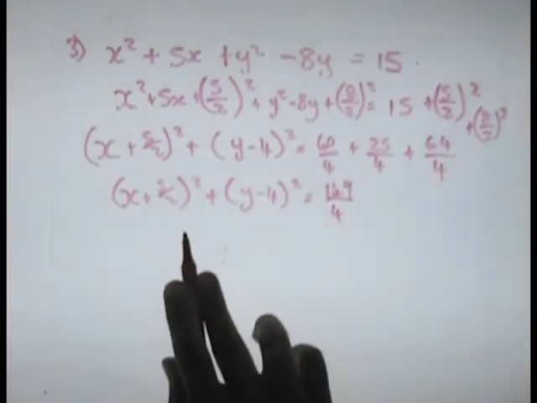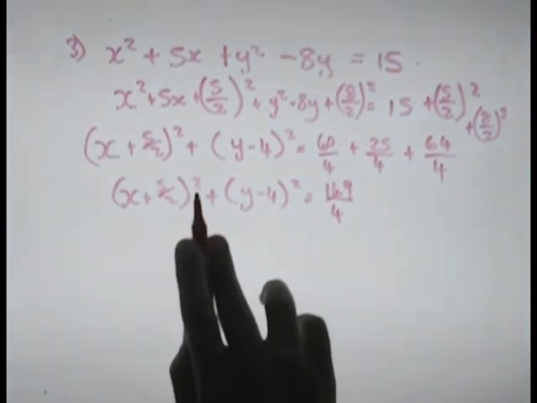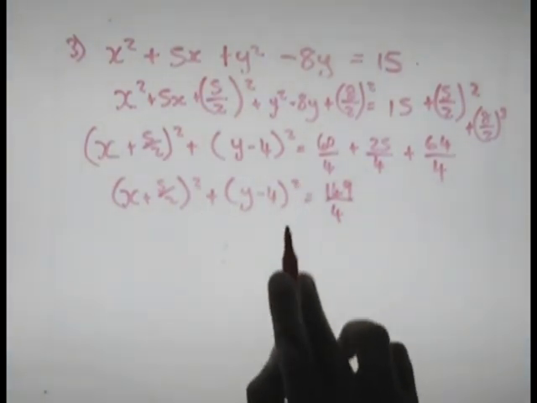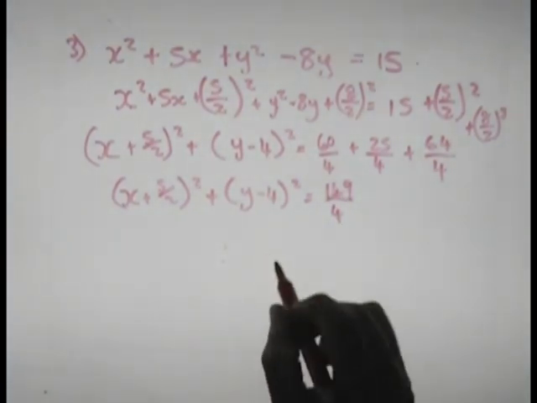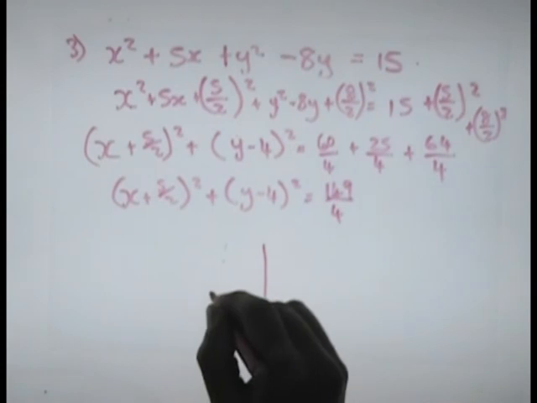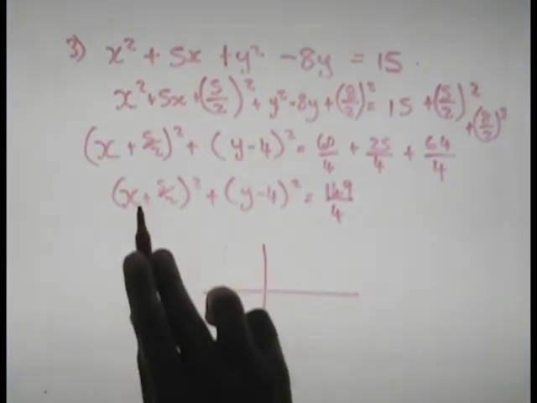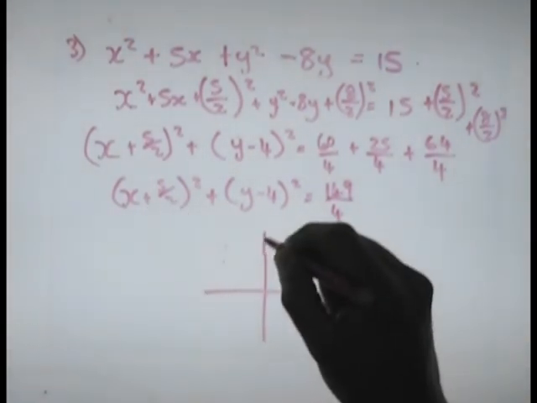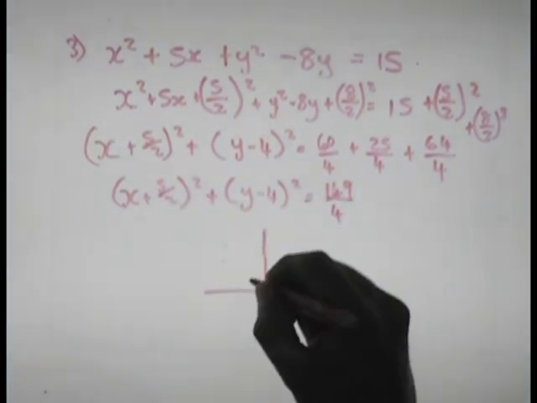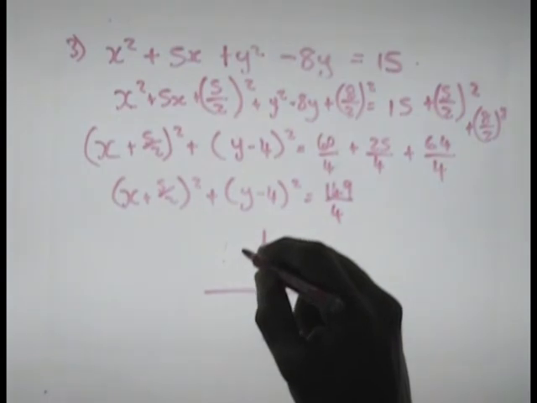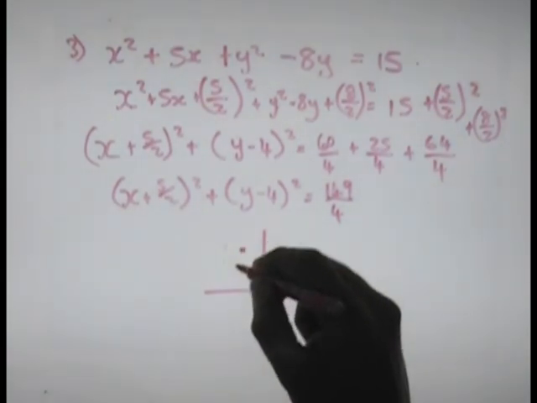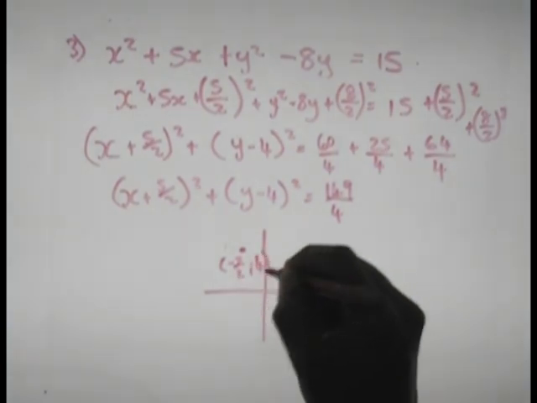Now I've got (x - p)² + (y - q)² = r². That means that my x value of the center of the circle is going to be negative 5/2, and my y value is positive 4, so that's going to come somewhere over there, negative 5/2 and positive 4.